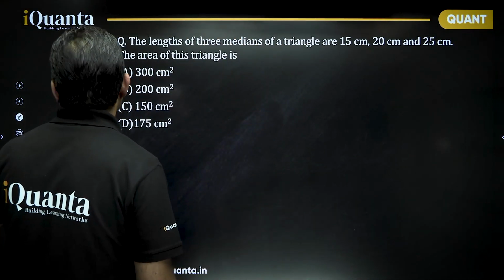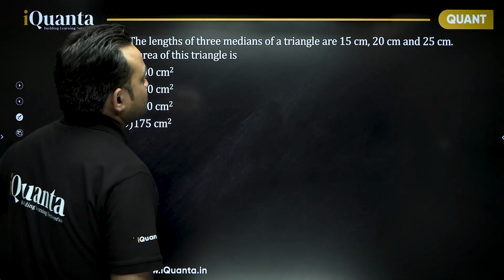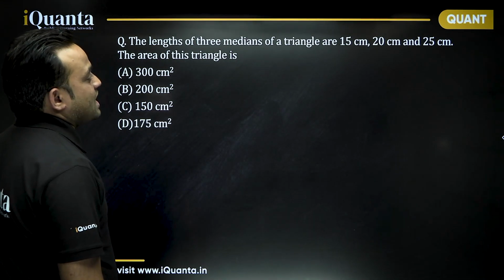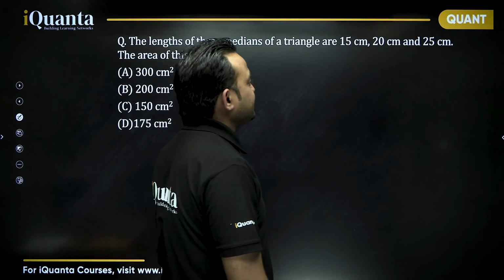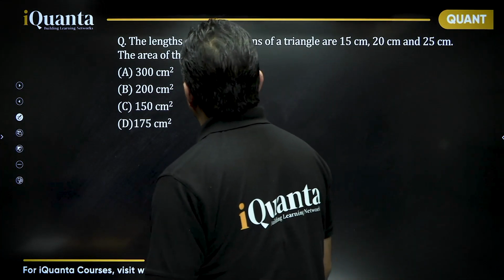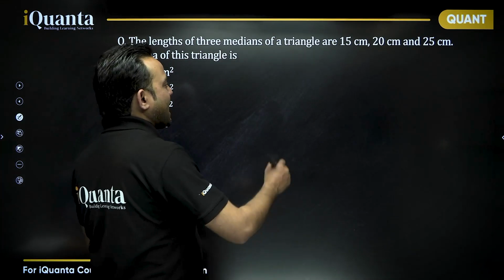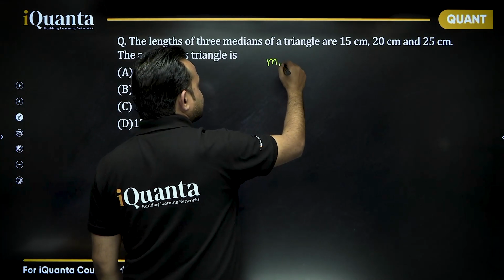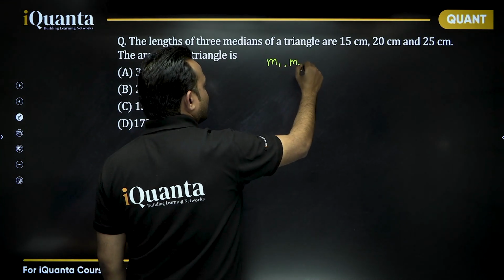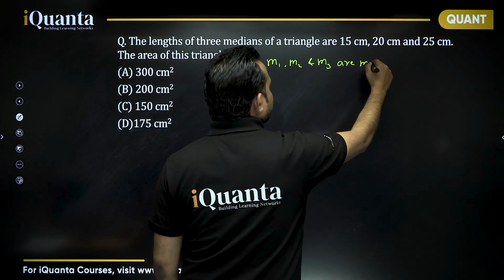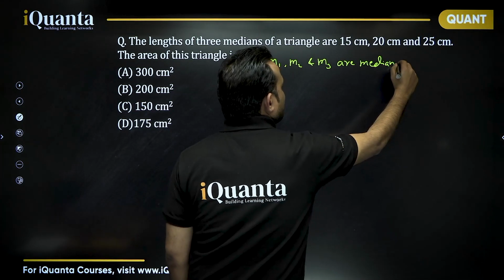So in this session, let's try to do one more question, which says the lengths of three medians of a triangle are 15 centimeter, 20 centimeter and 25 centimeter. The area of this triangle is? Let M1, M2 and M3 be the medians of a triangle.